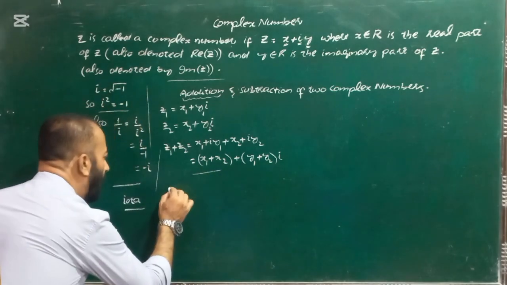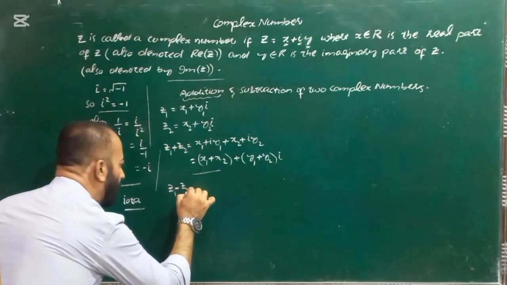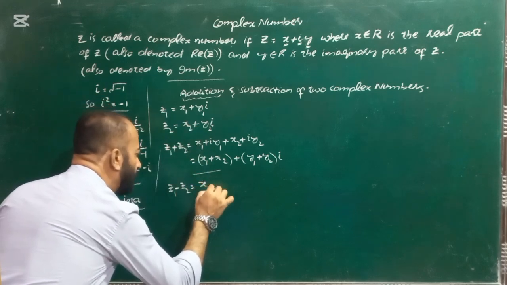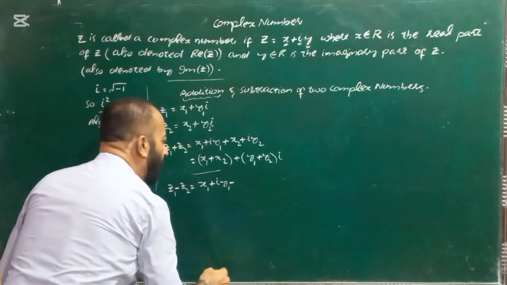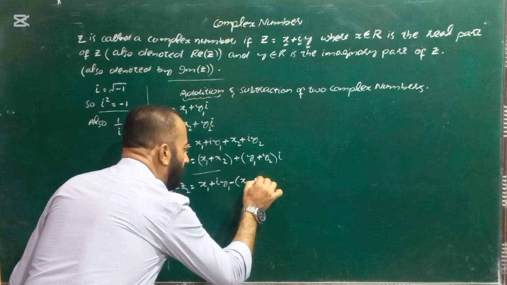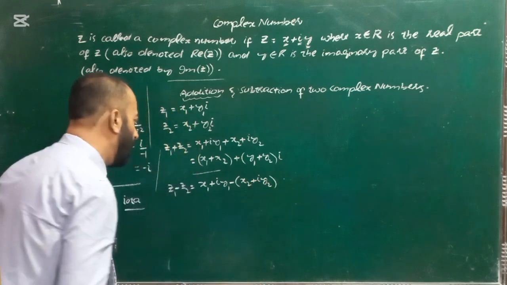And if we are required to subtract them, z1 minus z2, so z1 is x1 plus iota y1 minus x2 plus iota y2.